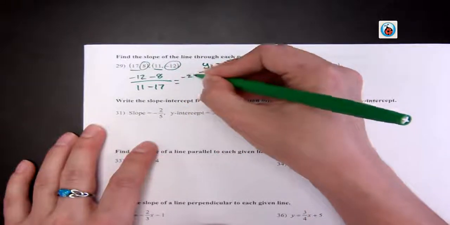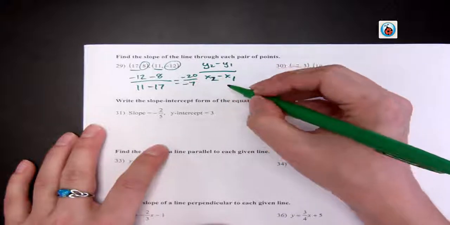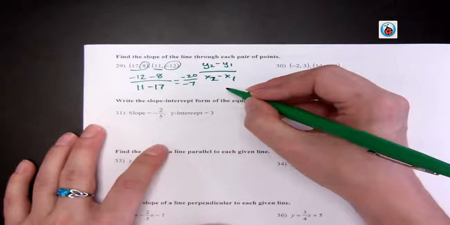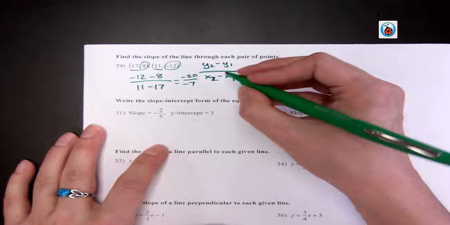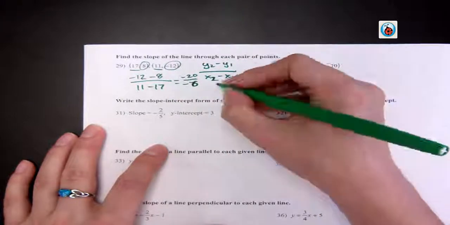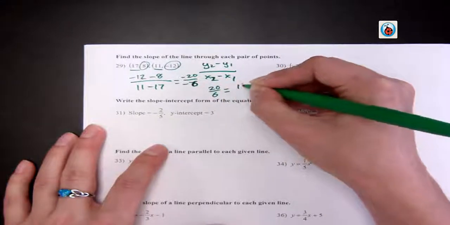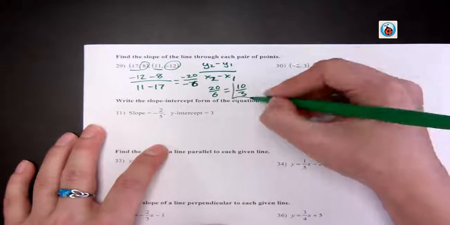That gives me -20 over -6. The negatives cancel out, and so my answer is 20/6, which simplifies to 10/3.